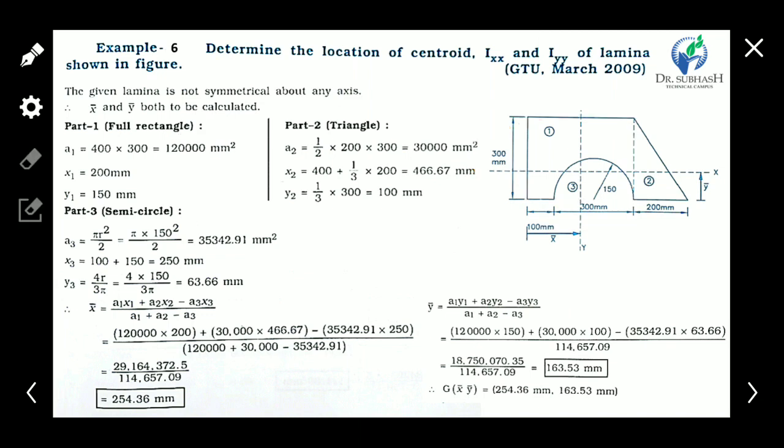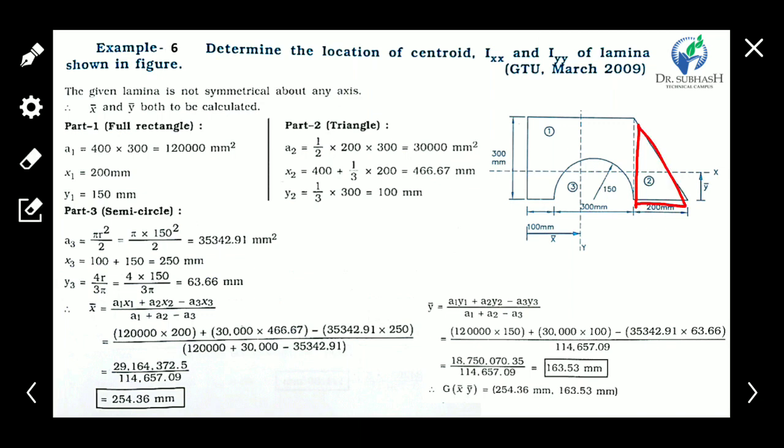Now what is x1? X1 is 200. Here our reference point is at the corner, so the reference axis is this way. So x1 is half of 400, so 200, and y1 is half of 300, so 150 mm.